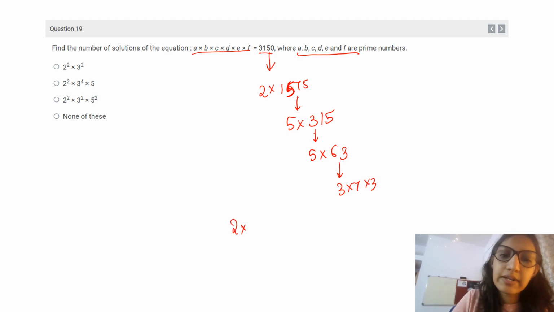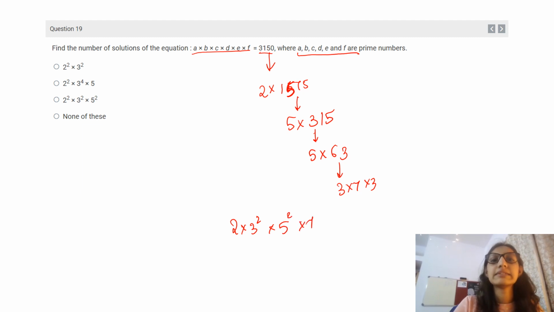So this is 2 into 3² into 5² into 7. But these are 6 numbers and all of them are prime numbers. So it can be represented as 2 into 3 into 3 into 5 into 5 into 7.